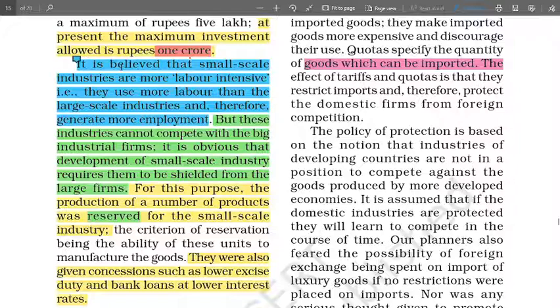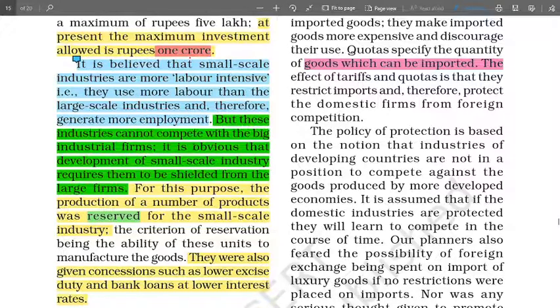You require a small amount of money, which means the common man can set up industries. They can employ people. So there is scope for large scale employment, especially for India, having a large population and unemployment. So that's why the government felt the need to encourage small scale because of its labor intensive character.